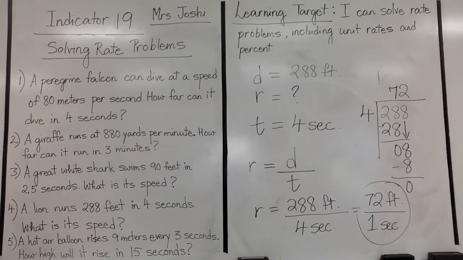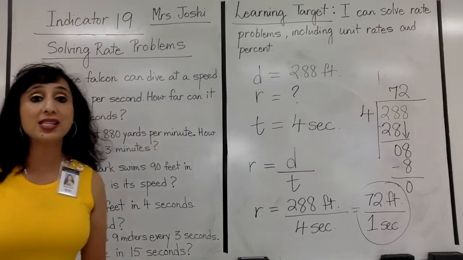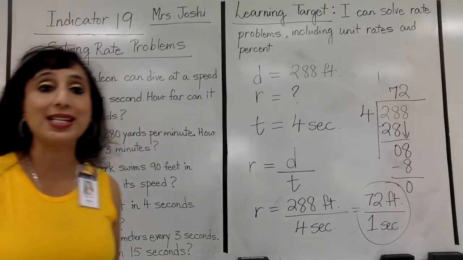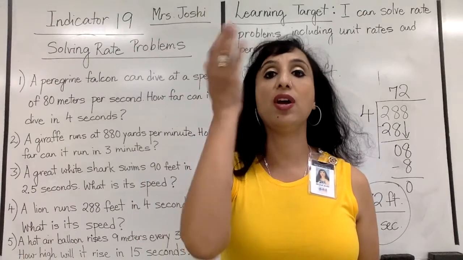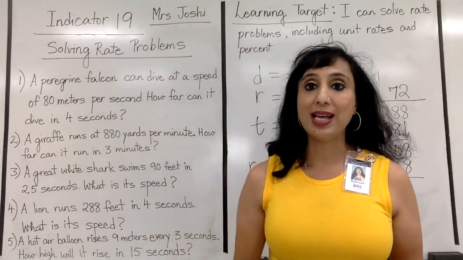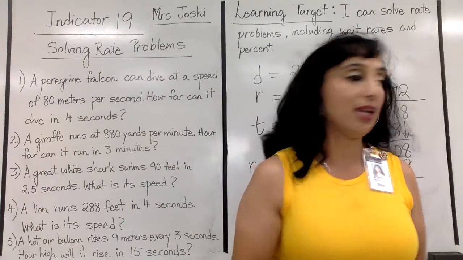So how high does the hot air balloon rise in 15 seconds? When it's talking about how high, it means you are missing the distance, because how far is it going or how high is it going? So that basically means the distance part is missing.